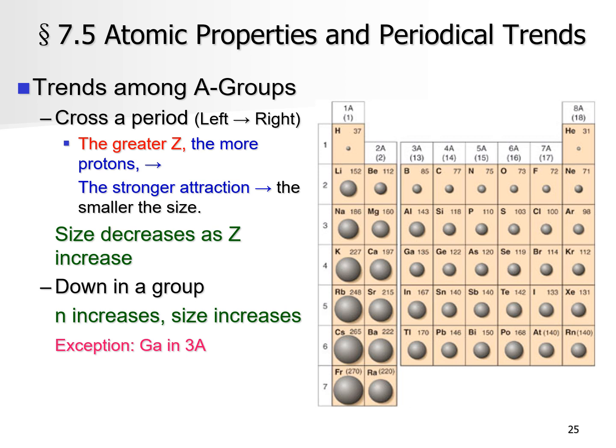And here's an exception, gallium. If you look at the values of the size of the atoms in this group here, oh, I'm sorry, that is not gallium. That is germanium. So here's gallium.